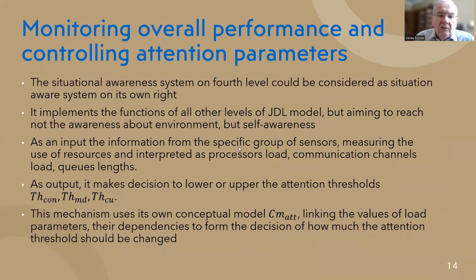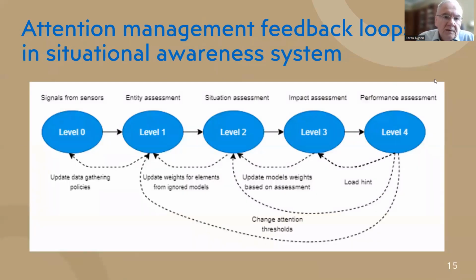The output of this stage of this subsystem is shown on this slide, where we see feedback loops coming from level 4 to the other, lower levels, and basically it contains the changing of the thresholds of different components of this system.